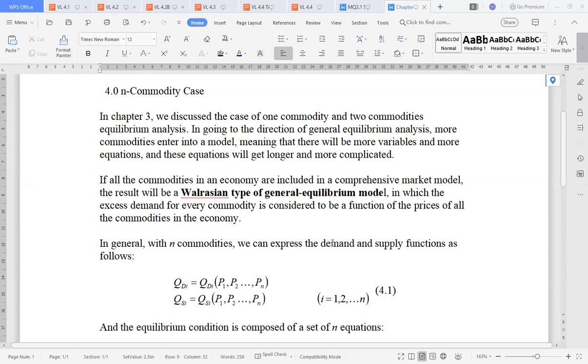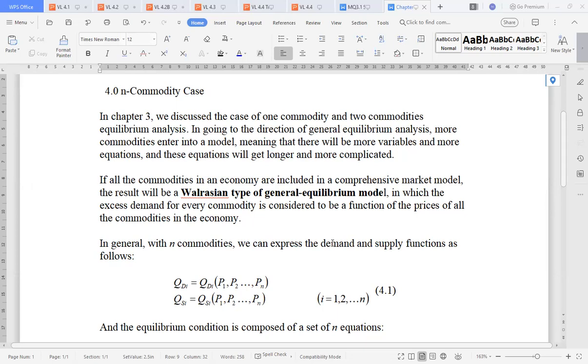But there is a discipline, a whole subject devoted to it, which deals with what we call a Walrasian type of general equilibrium model. This is a more sophisticated, more complicated way of introducing all commodities in one model.